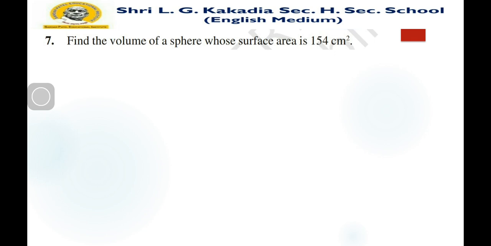So first we have to find the radius of the given sphere. Let me put this value in the formula of surface area of a sphere, so we can get r from the given values.